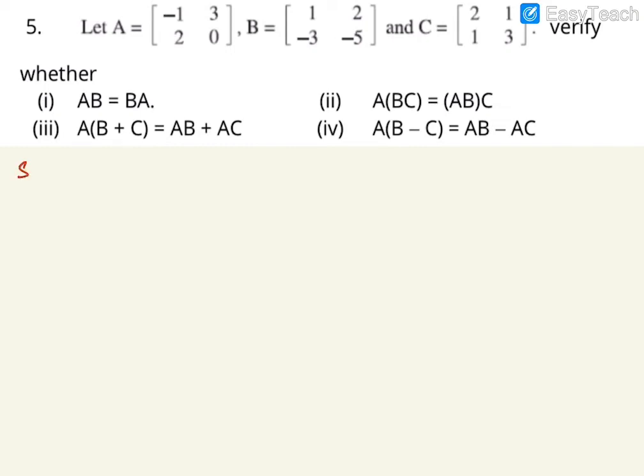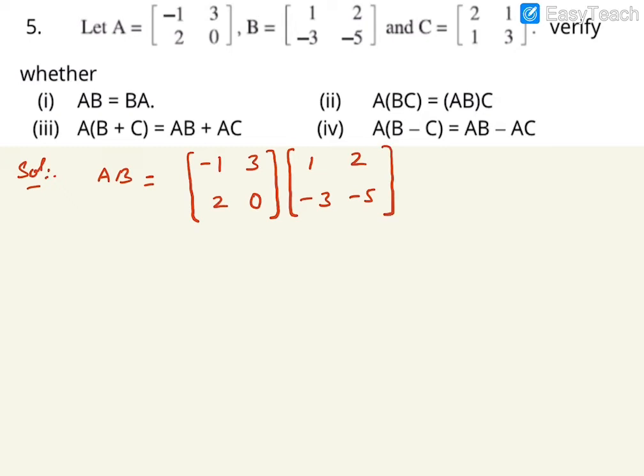Solution for the first one, let's find AB first. So what will be AB? First write the elements of matrix A, and then multiply with B. 1, 2, minus 3 and minus 5, matrix B. When there is no sign, it's multiplication.